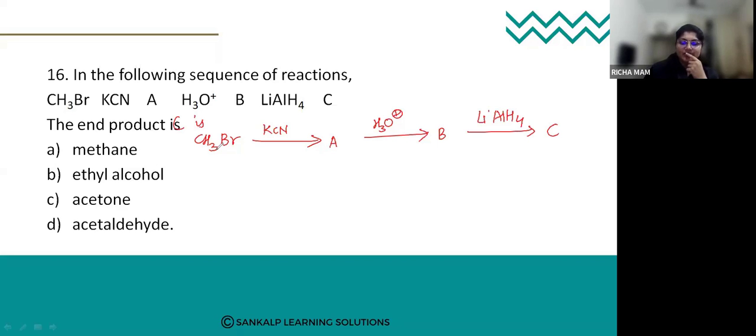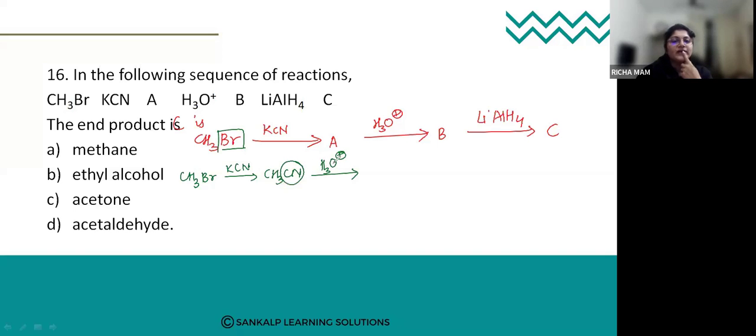First, methyl bromide reacts with KCN. Your Br will be replaced by CN, so it will be CH3CN. Further, it will undergo acid hydrolysis.